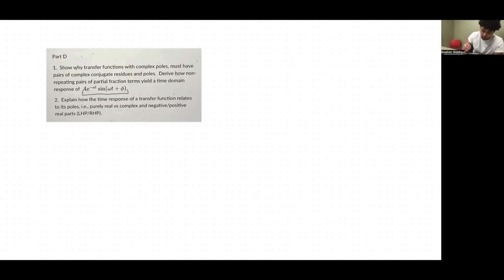So starting off with our transfer function, we're going to bring up that function that we worked on in our previous part, which is G as a function of s, our transfer function, multiplied by a times omega over s squared plus omega squared.